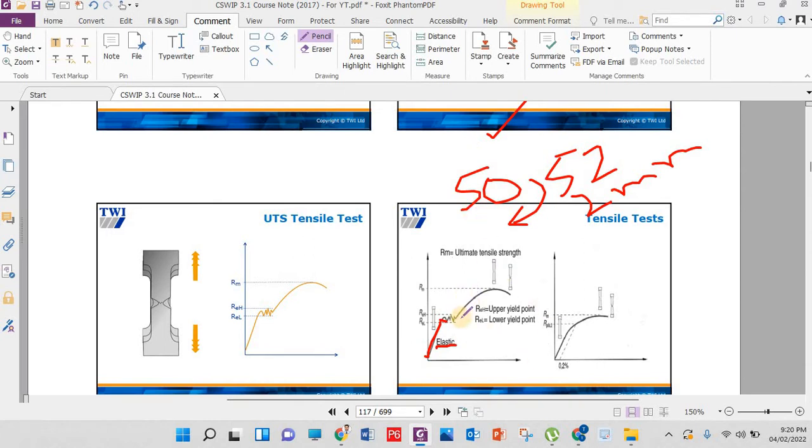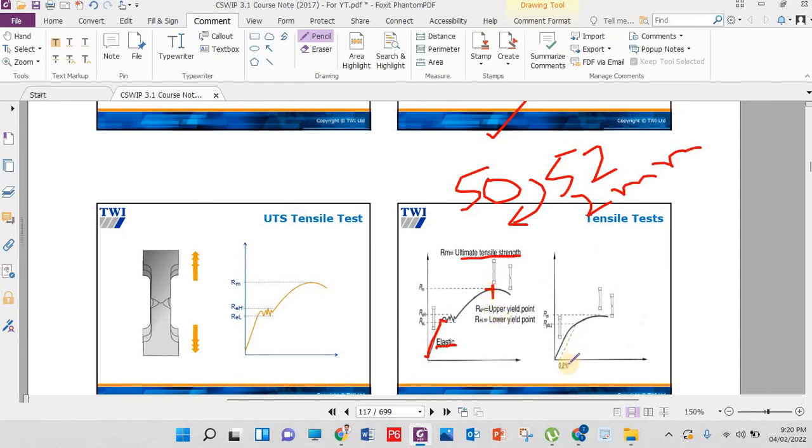Okay, if we keep applying the load, there will be a certain range. Here is the neck break, here the piece will break. This point is known as Rm, the ultimate tensile strength. With this ultimate tensile strength we will be able to measure that this material withstands this unit of tensile strength.